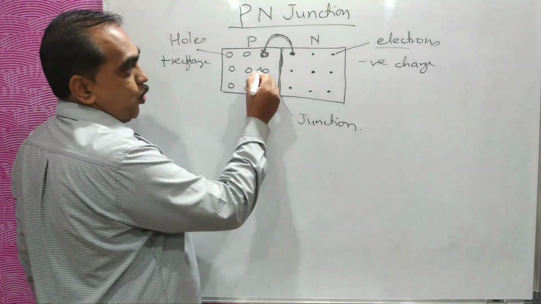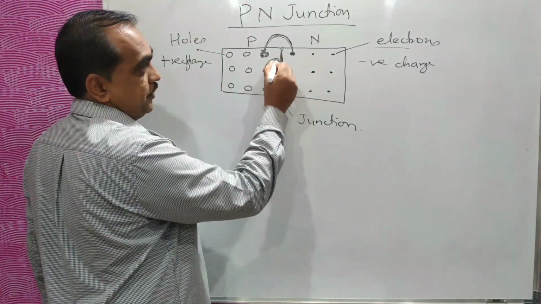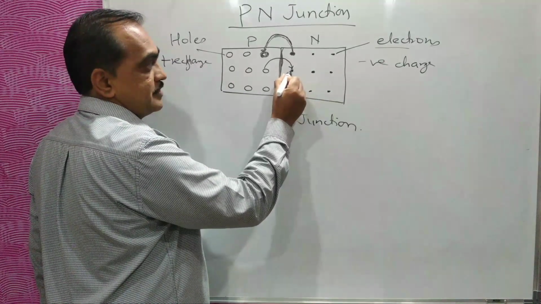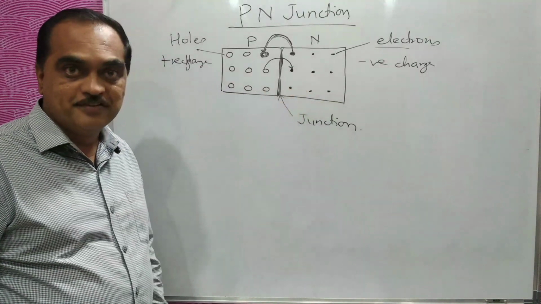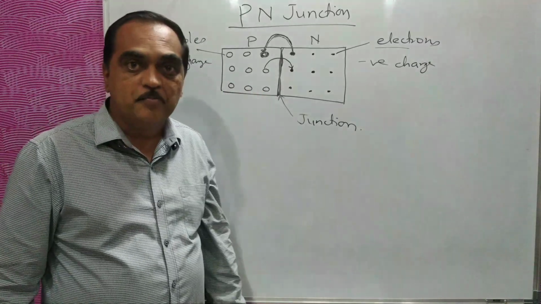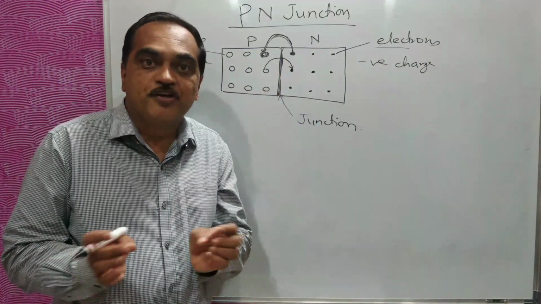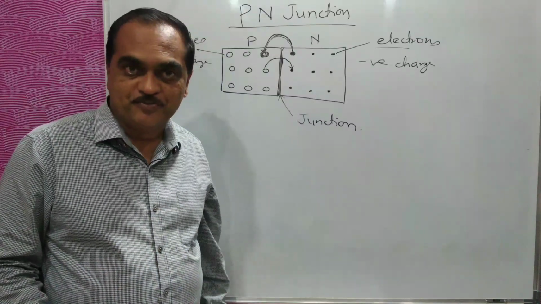Similarly, a hole from the P region will go to the N region and neutralize there, because a hole is a positive charge and an electron is a negative charge. When they recombine, neutralization takes place.